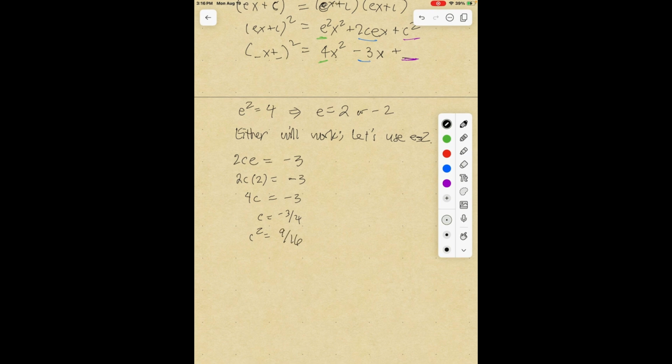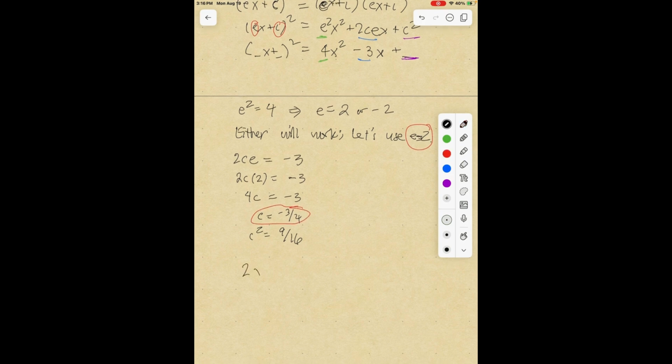And so we just discovered that if you make e equal to 2 and c equal to negative 3/4, you will get a perfect square trinomial. So we figured out that 2x plus negative 3/4, that's 2x minus 3/4 squared, equals 4x squared minus 3x plus 9/16.